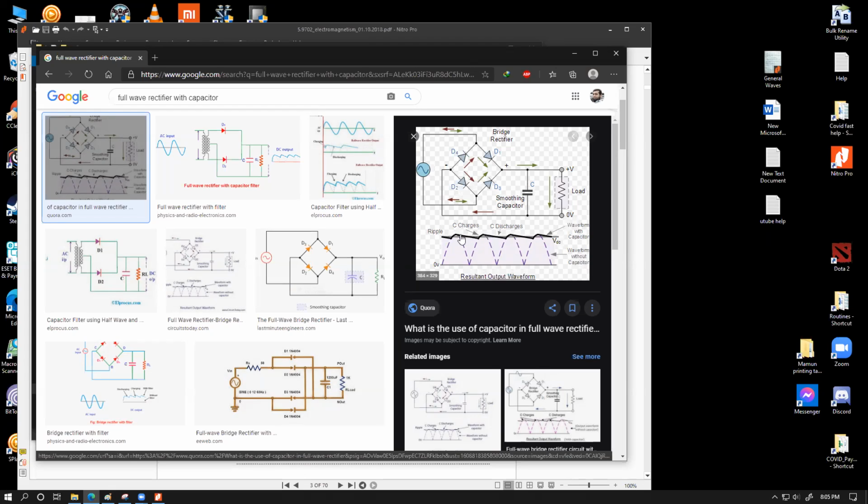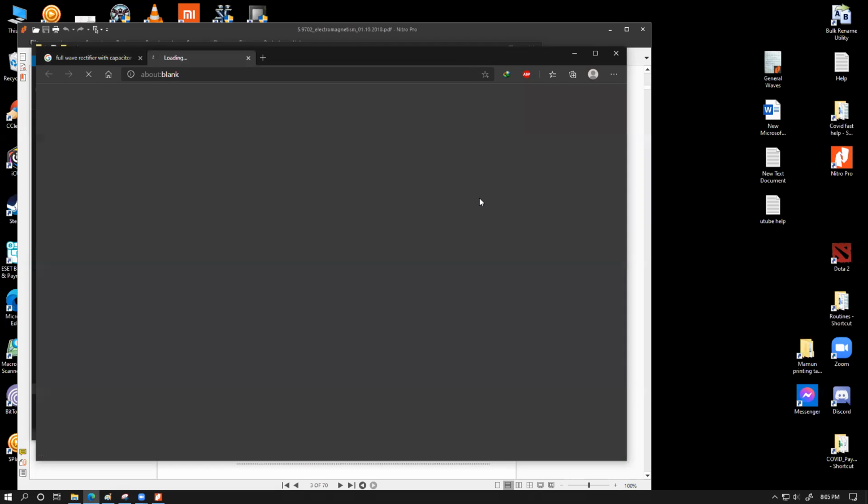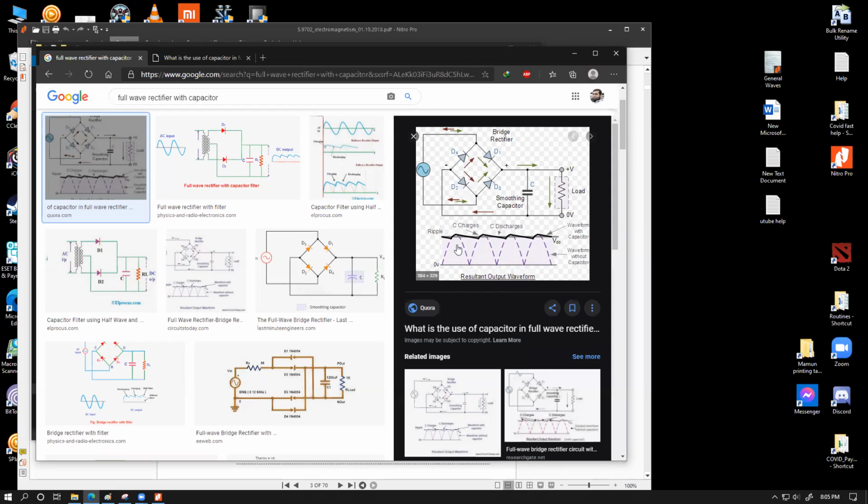You see, this black line is not precisely a straight line, but this black line has less variation compared to the purple line. So the capacitor reduces the variation amount, or you can say that it makes the output voltage more stable.